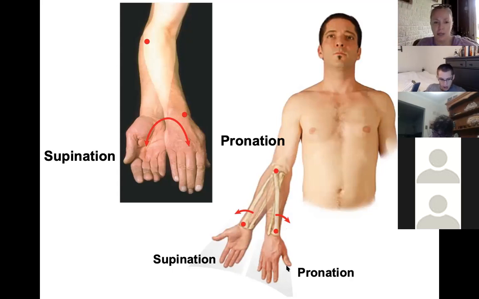Now somebody was trying to pipe in with a question. I was just actually going to say something about how I was not necessarily taught the first time I learned anatomy back in high school, but believe it or not, we learned anatomy in beauty school as well. And so my teacher actually had really great ways to memorize pronation and supination.